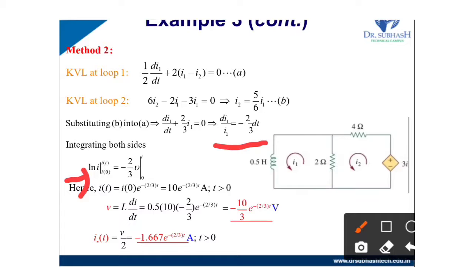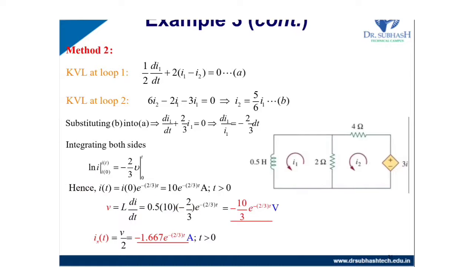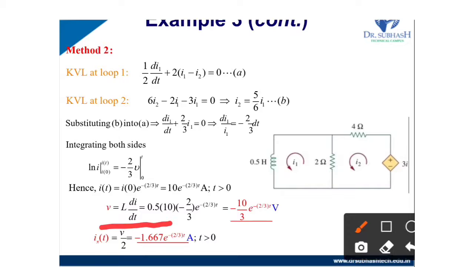So I of t equal to I0 e raised to minus 2 by 3 t. I0 we already know from the previous step is 10. So 10 e raised to minus 2 by 3 t ampere. Here V equal to L di by dt, so 0.5 times 10 times minus 2 by 3 e raised to minus 2 by 3 t.